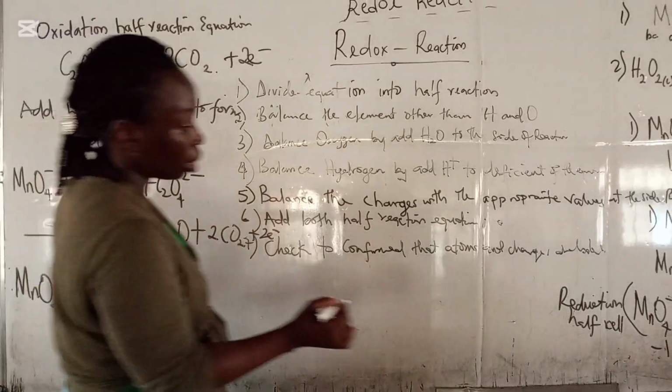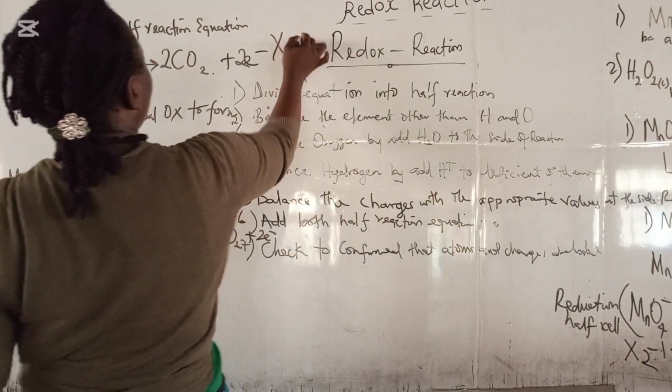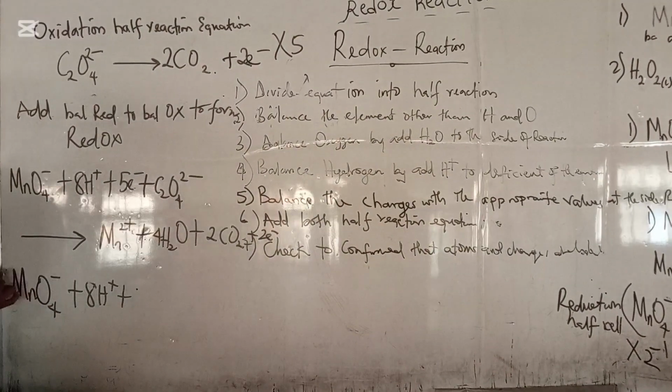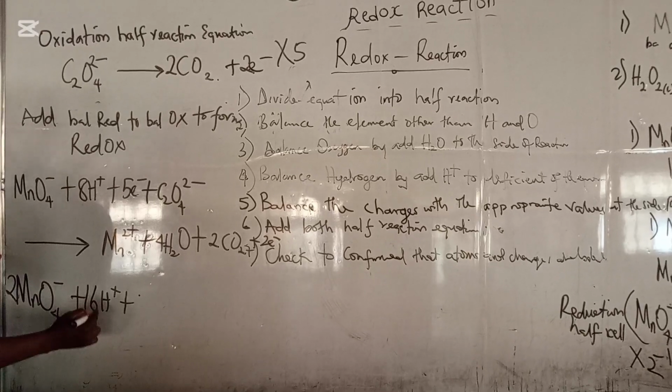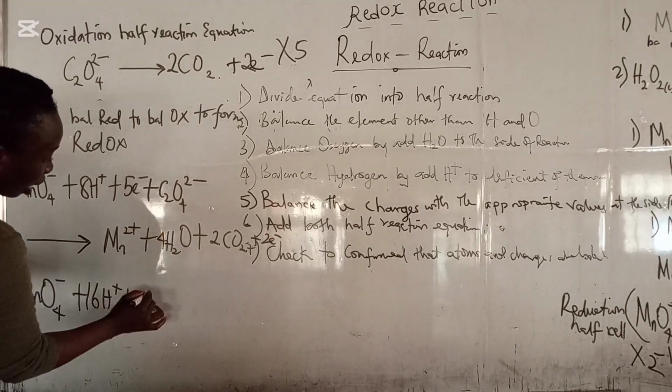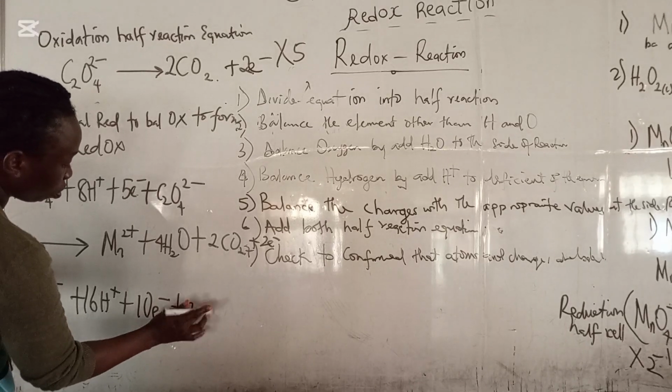That is, multiply this by 2 and multiply this by what? 5. So we have 2 MnO4 minus, here will become 16 H plus, then 10 e minus.